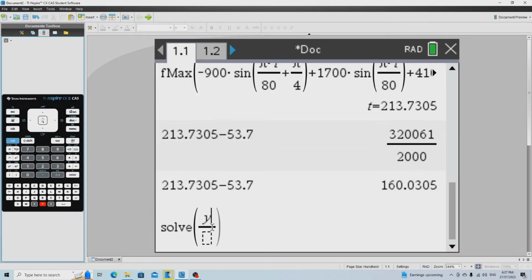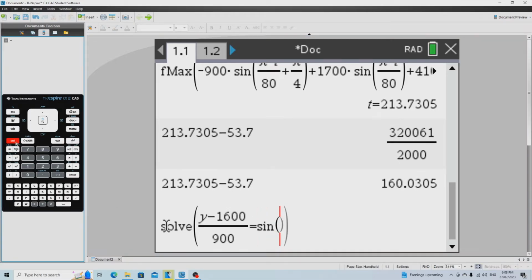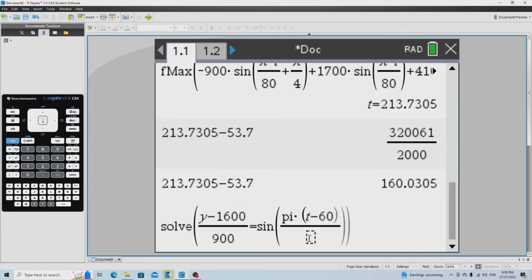So let's call it y minus 16,900 equals sine of pi times t minus 60, over 90, comma y.